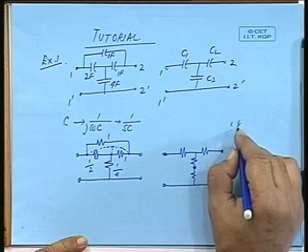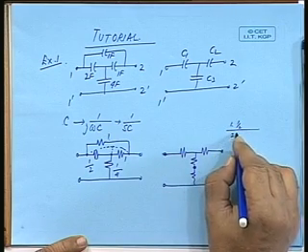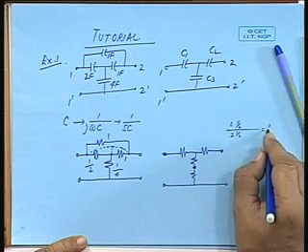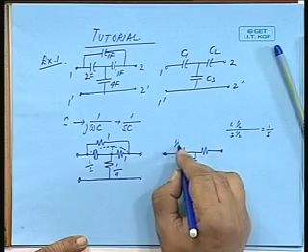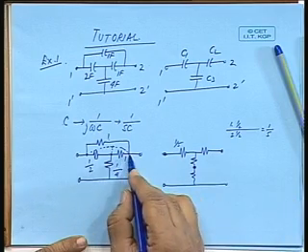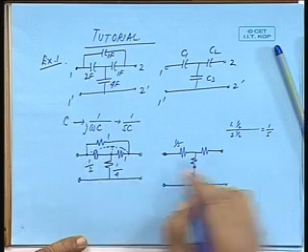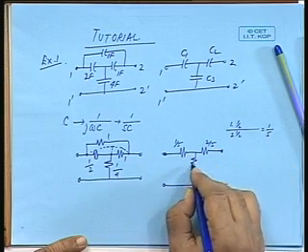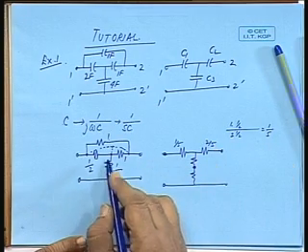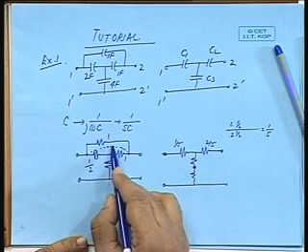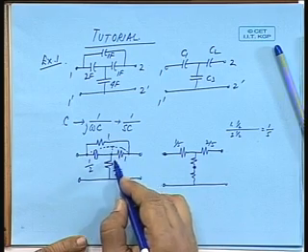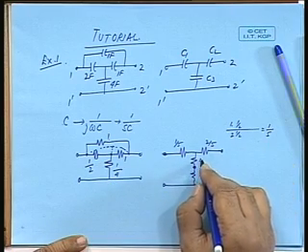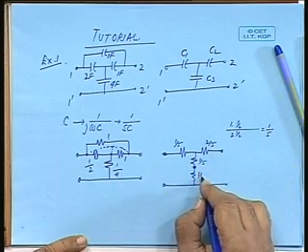So, 1 into half divided by 2 and a half. That gives me 1 by 5. Similarly, this one will be 1 into 1 by 2 and a half, so 2 by 5, and similarly this is 1 into 1 and this one will be again 1 and a half. So, this one will be 1 by 5, this is 1 by 4.